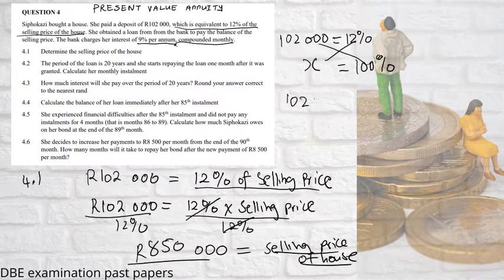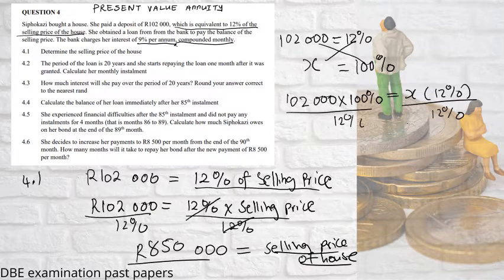This is 102,000 multiplied by 100% equals X multiplied by 12%. You know that 100% is 1, but we can simply divide by 12% on both sides. When you solve for X, you get 850,000 rands. That's the selling price for the house.